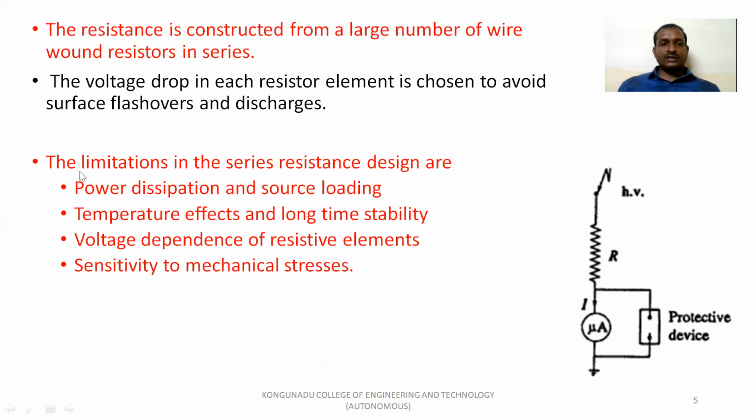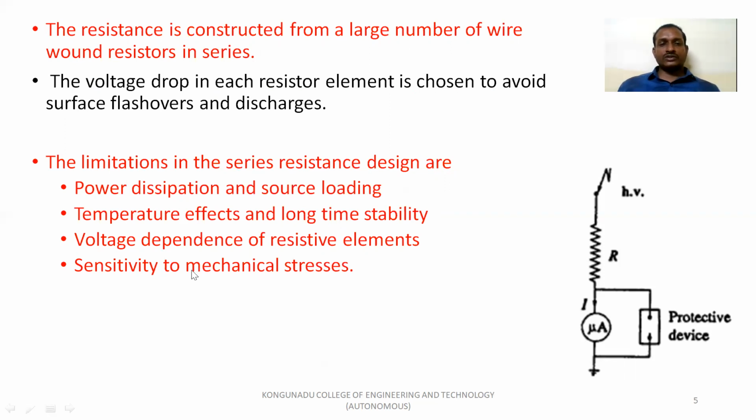So, limitations of the series resistance design. First one is power dissipation under source loading. Power dissipation may be higher because of using the high resistance. Source loading is also possible. Temperature affects the stability, and there are also stability issues over long duration.